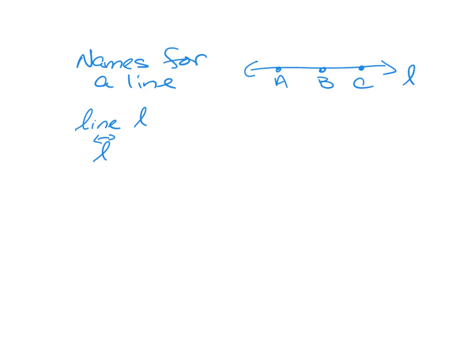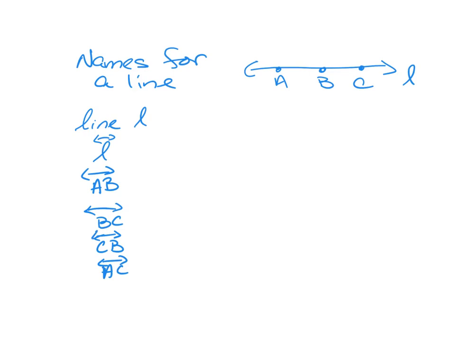So I can pick any two of those letters, and I can put them in any order I want. So I could call that line AB, line BC. Give me another name for that line. CB. AC. Remember the two arrows on both directions.